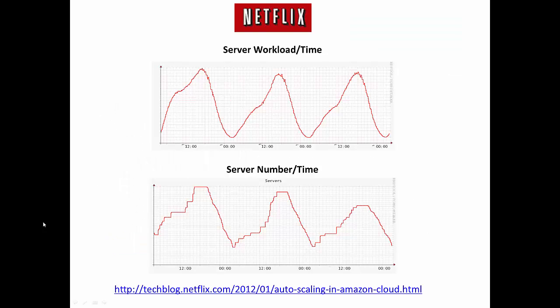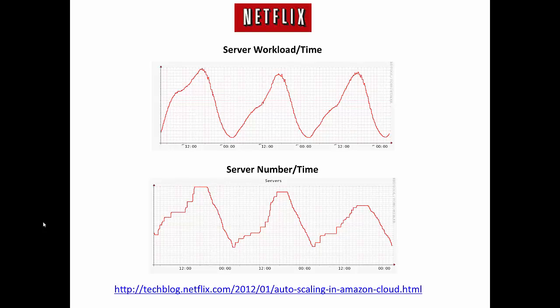Here's a very interesting graph of server workload over time and the number of servers over time, and as you can see, the number of servers that they provision closely follows the server workload. If you pay special attention to the x-axis of time, you can actually see that these server adjustments are being made in the interval of a couple of hours.